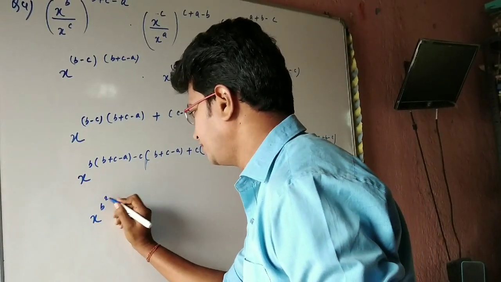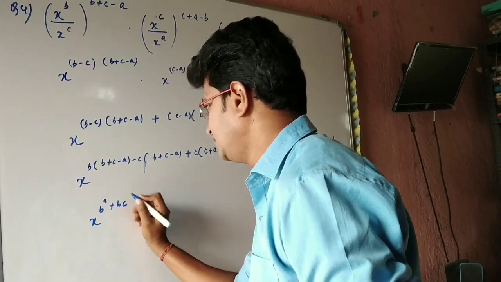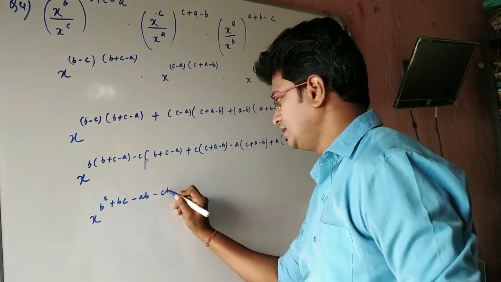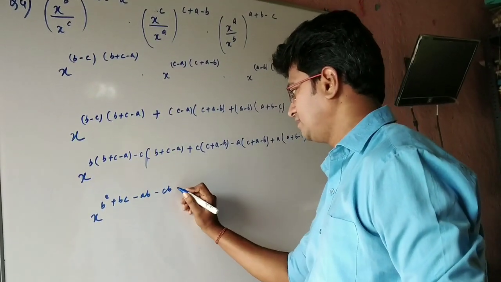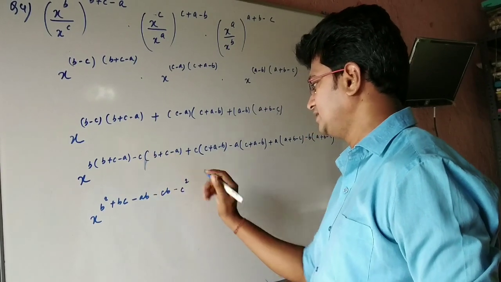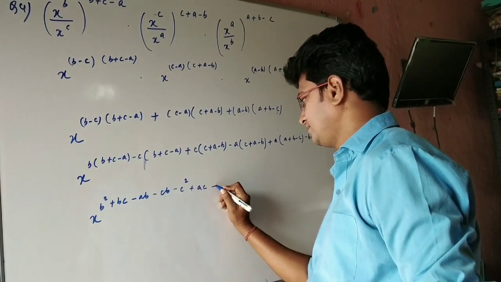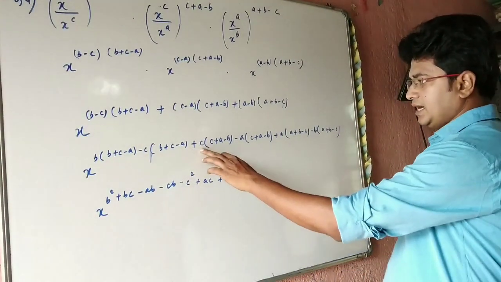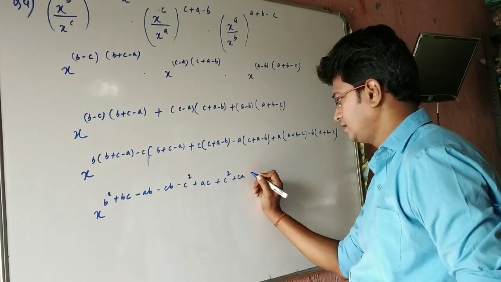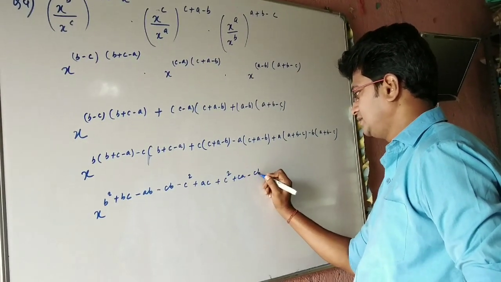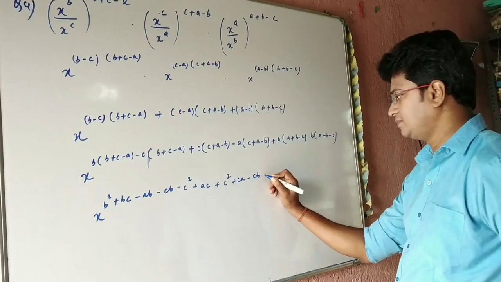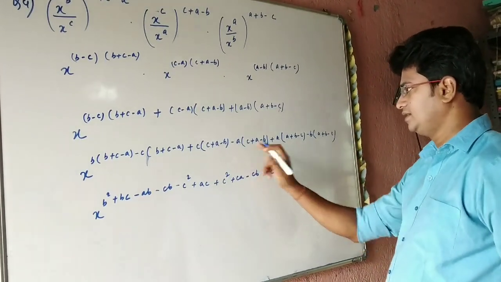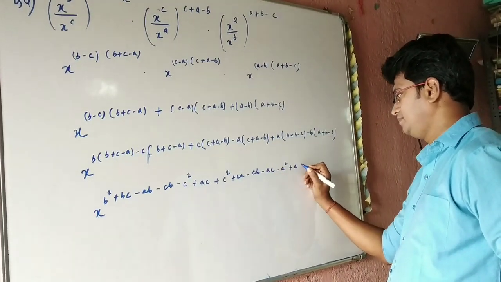b into b is b square, plus bc, minus ab. Here minus cb, minus plus is minus c square, minus minus is plus ac, plus c into c is c square, and here ca, plus minus cb, minus a into c is minus ac, minus plus is minus a square, minus minus is plus ab.